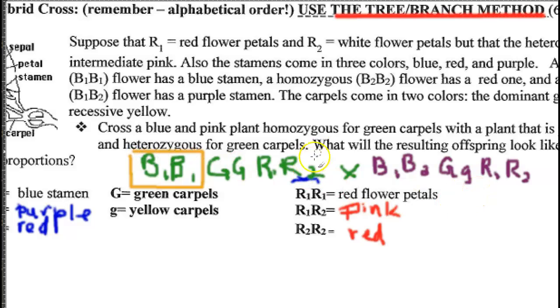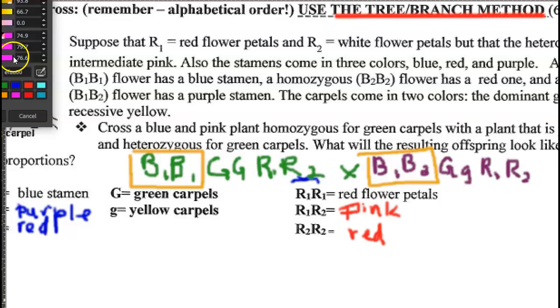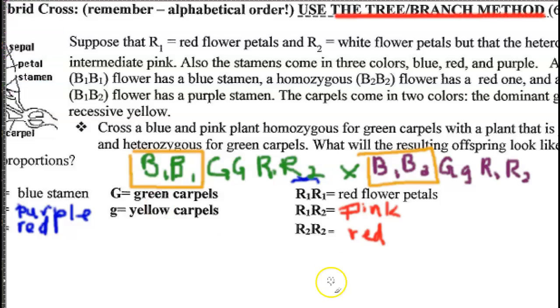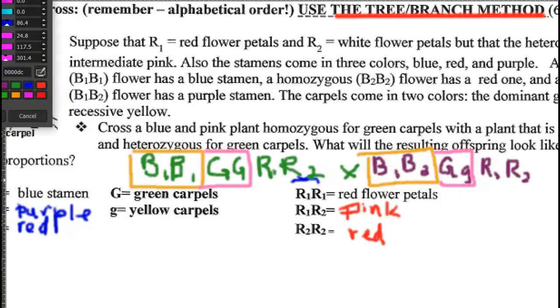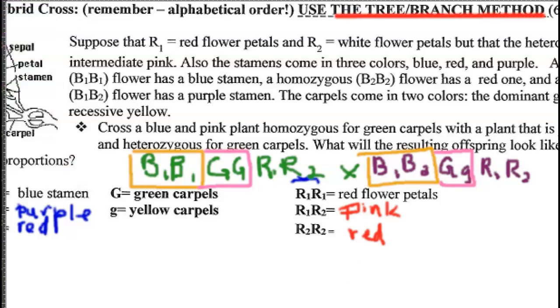The B's right here. So do 1 monohybrid cross with those. Then go and do another one with the G's. And then do a monohybrid cross with those and get their phenotypic ratios, and then we'll go back together after you do that. Go ahead and do that.